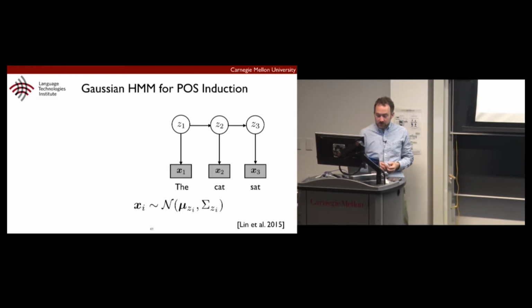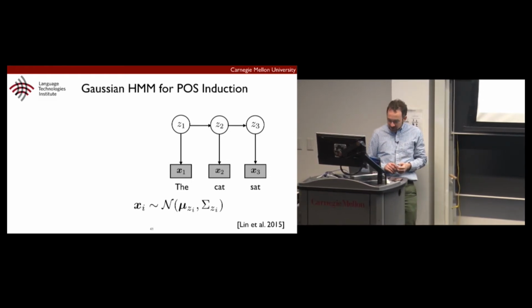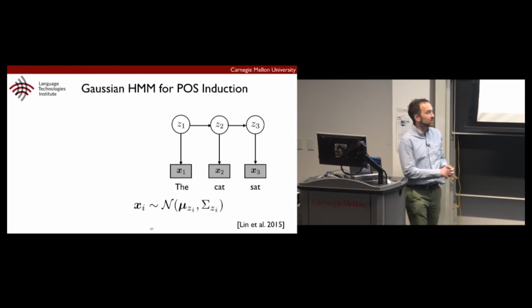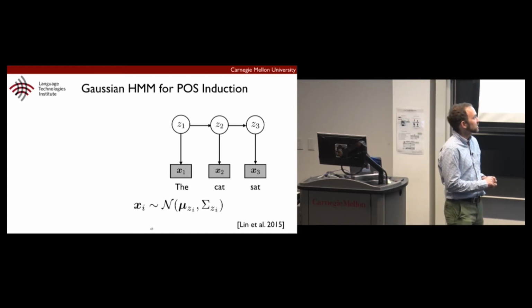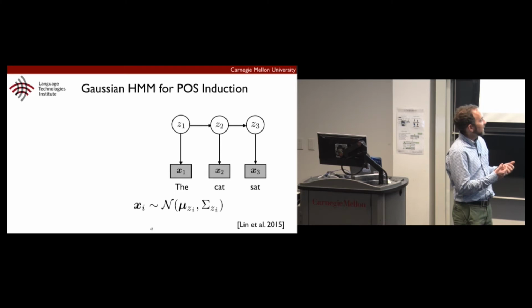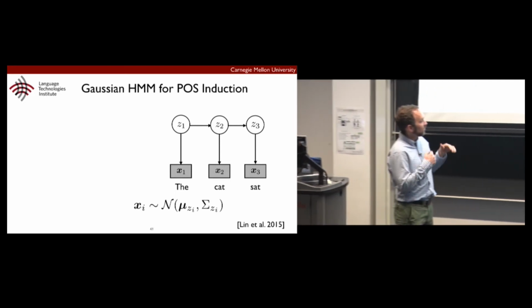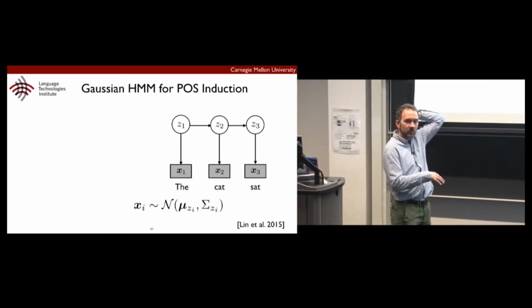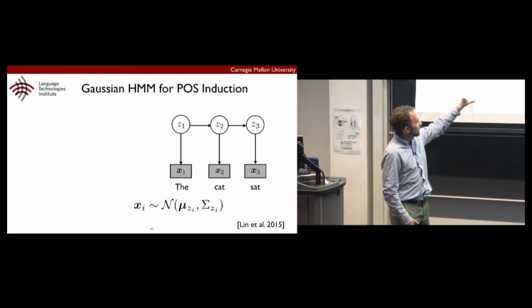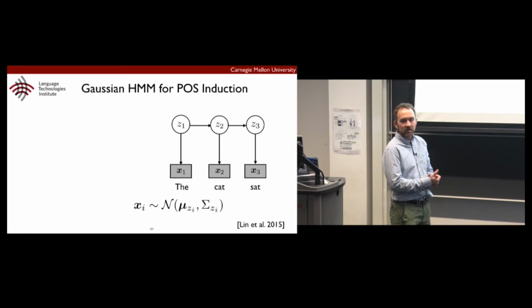And there's a simple modification of this that says, instead of outputting with a multinomial distribution over all of the words, we want to output word embeddings. The reason being that word embeddings encode lots of information about words, right?